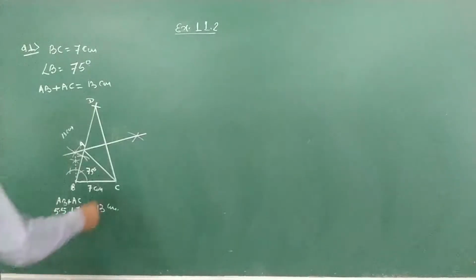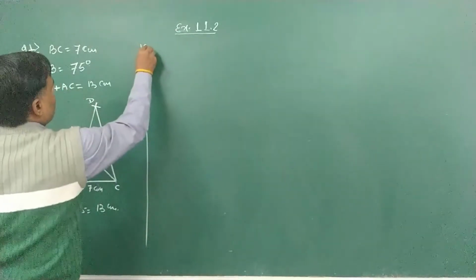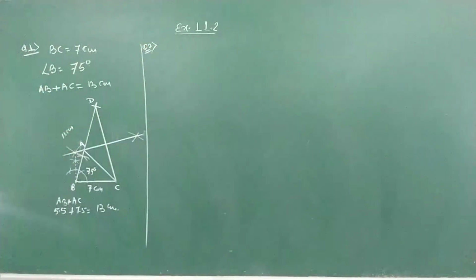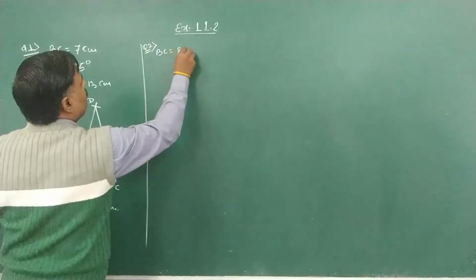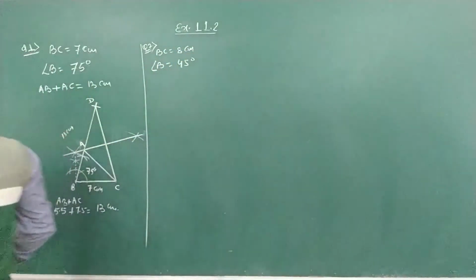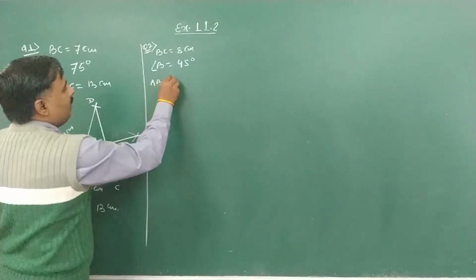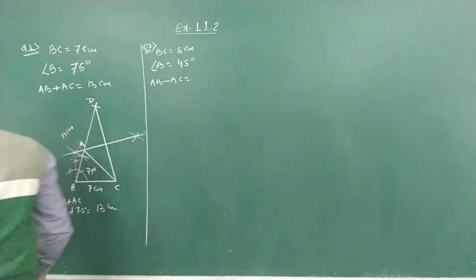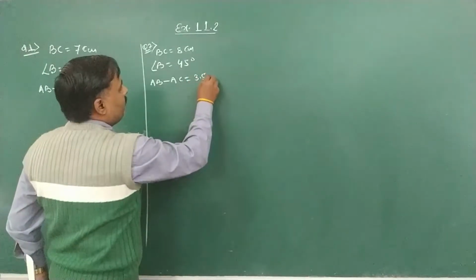Now move on, question number second. Construct a triangle ABC where BC is equal to 8 centimeter, angle B is equal to 45 degree, and the difference of the other two sides, AB minus AC, is given as 3.5 centimeter.